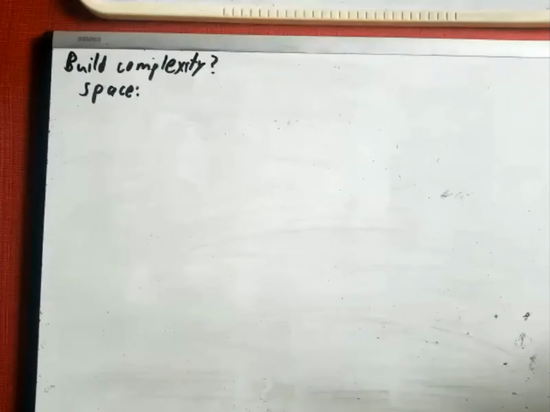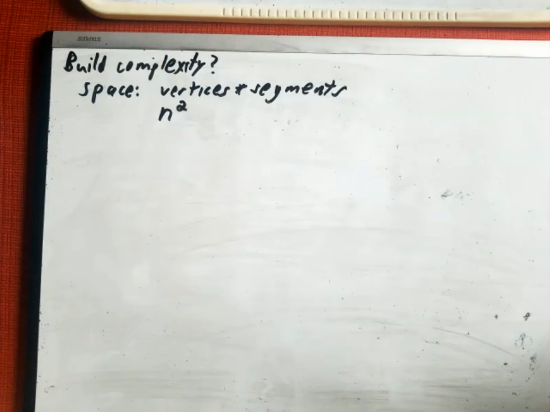I'm not going to go through the details, but you should be able to pretty easily come up with an n squared there, even if you only have n segments in the data structure and n vertices.